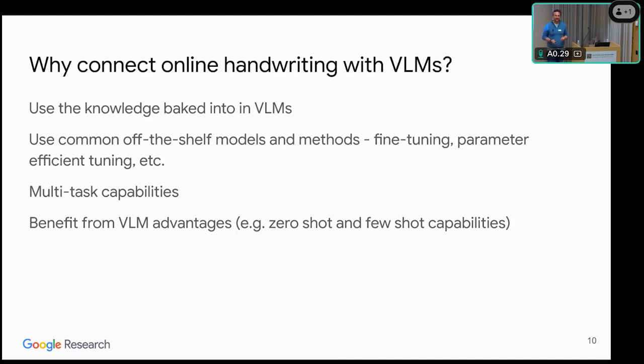So really what we're saying is, we gain a lot from taking a modality and tokenizing it in a way that it can feed into these large models, and then you get the benefit of all of the knowledge baked in. We're doing it with online handwriting, but you can imagine doing it with many different modalities. And that's how we see these large multimodal models becoming more and more capable.